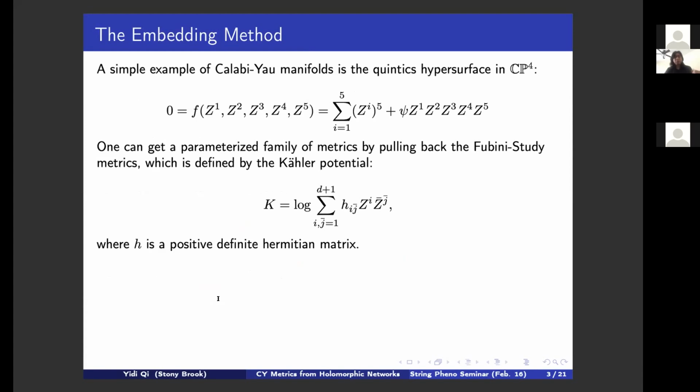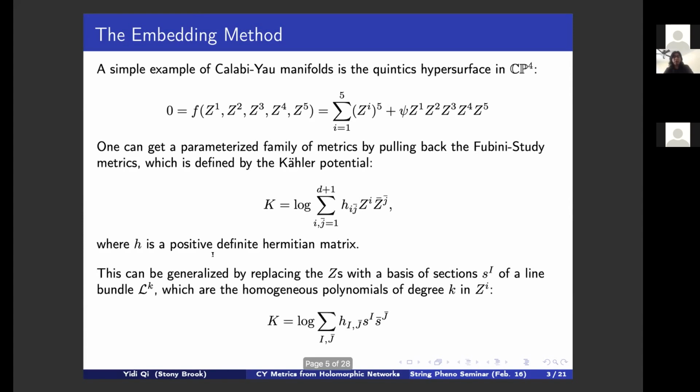One simple example of a Calabi-Yau manifold is the quintic hypersurface in CP4, and then we can pull back the Fubini-Study metric, which is defined by the Kähler potential, and get a family of metrics. In this way, H is a positive definite Hermitian matrix, and we have a parameter space of approximately 25 parameters.